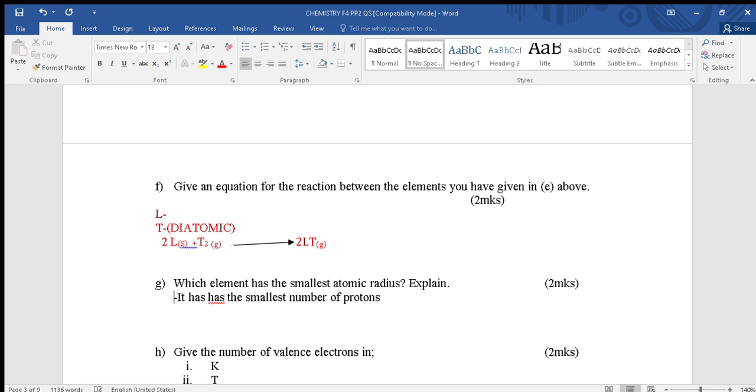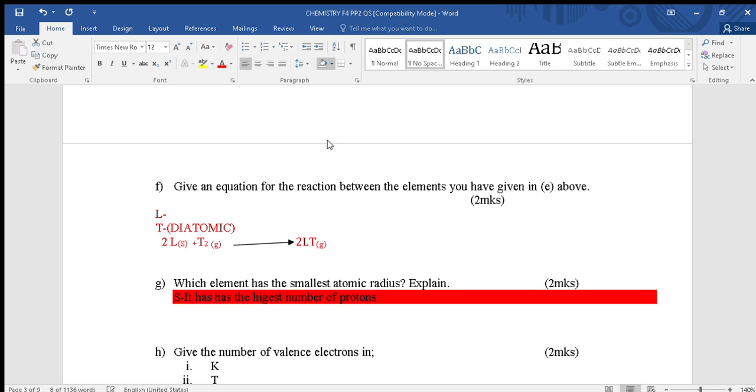Element S becomes the one with the smallest atomic radius because it has the highest number of protons, not smallest. The more the number of protons, the increase in nuclear force of attraction, and that is what causes a decrease in the atomic radius. Okay, so that is important.